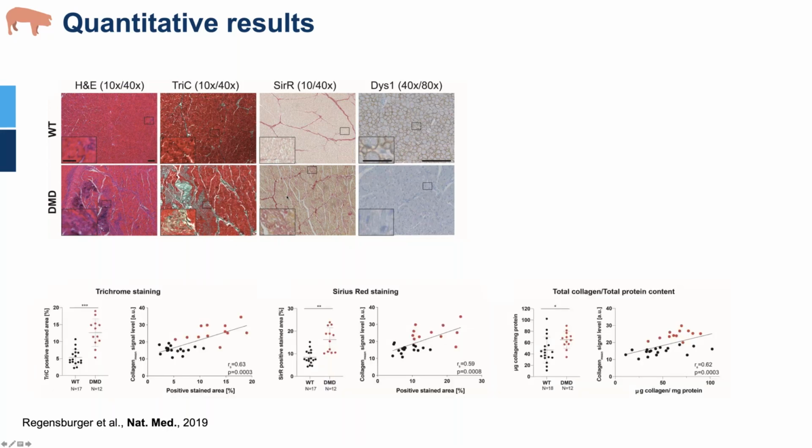And if you quantify this, the area which is stained as connective tissue here for the trichrome or Sirius red staining, or also if you take this and measure the total collagen content by a hydroxyproline assay, you can see there that there's a really nice correlation of MSOT signals, which we derived, and the staining of the positive area or the collagen content.